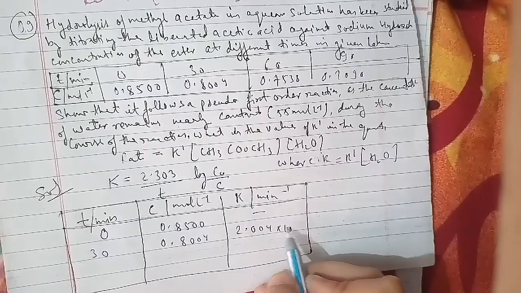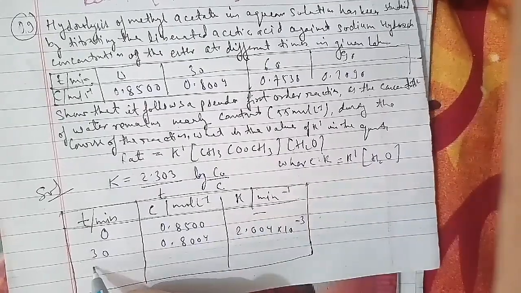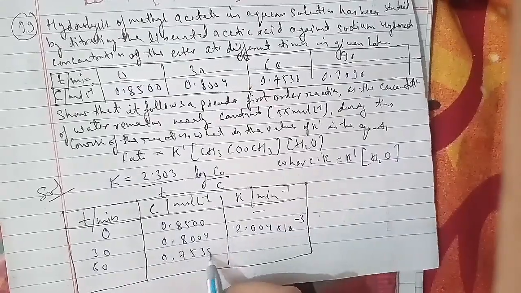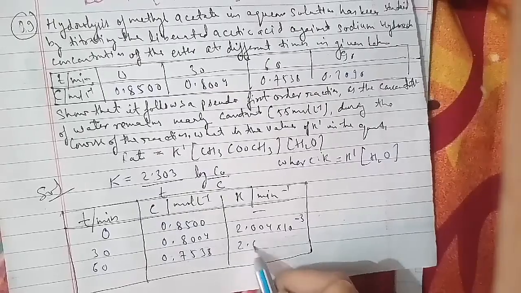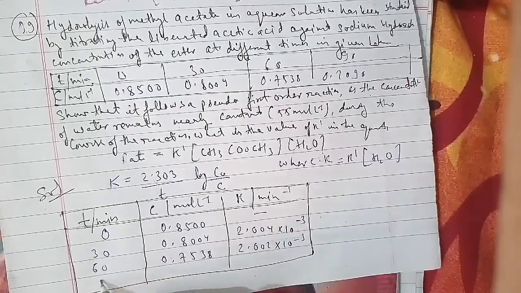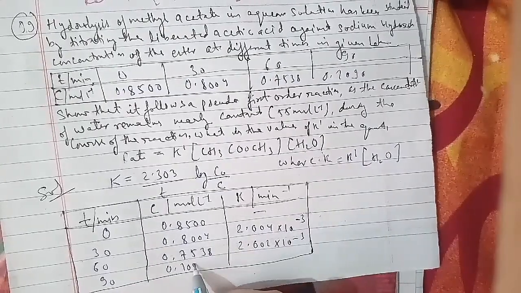Then of course 60, it is 0.7538, 2.002 into 10 to the power minus 3. Then again it is 90, which is your 0.7096, 2.005 into 10 to the power minus 3 here.